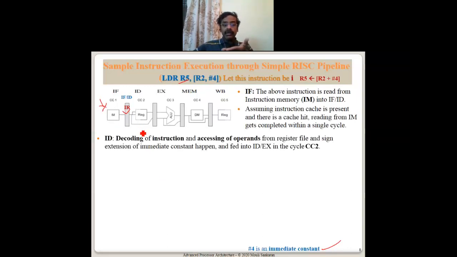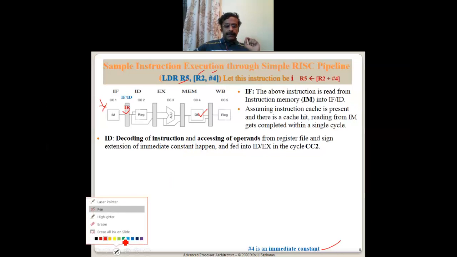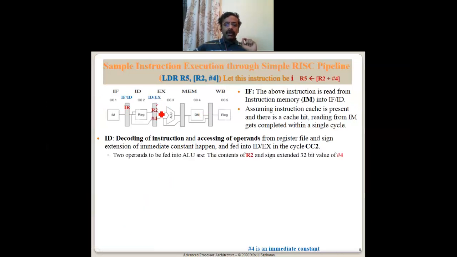The CPU has understood that a data memory read operation is to be performed, and it needs some operands. R2 is one operand and 4 is another. R2 is accessed from the register file and 4 is coming from the instruction itself. It is loaded here. As I told you, the values are passed between the stages using the pipeline register.